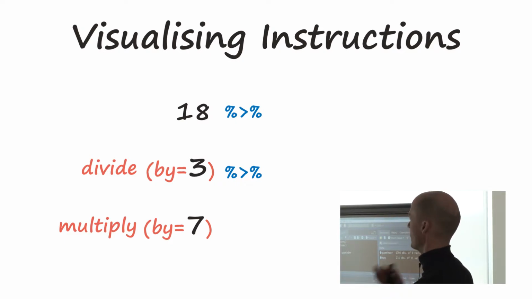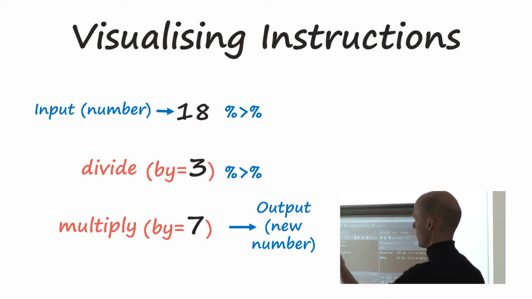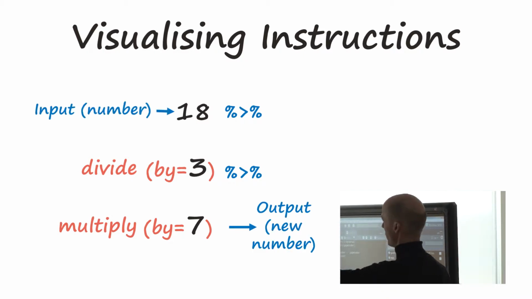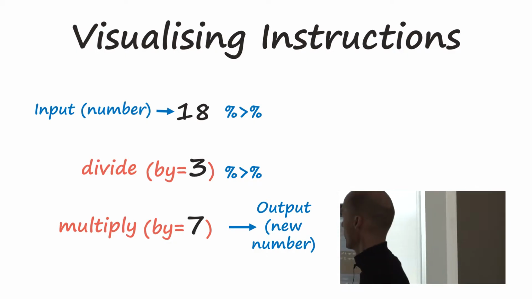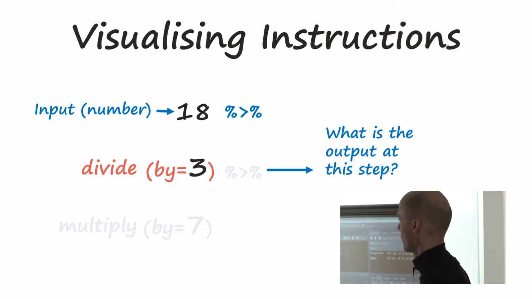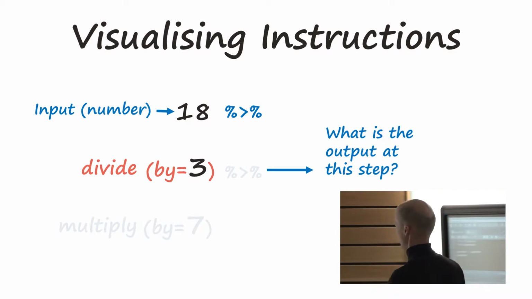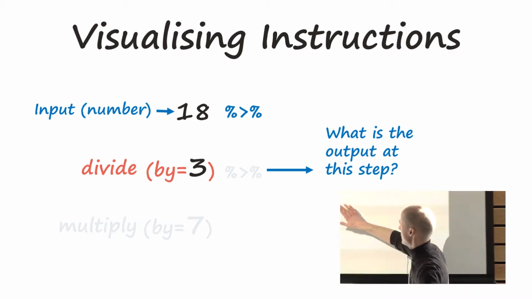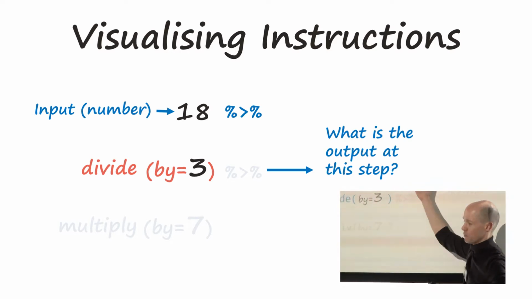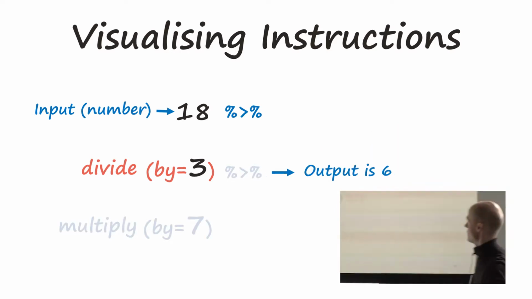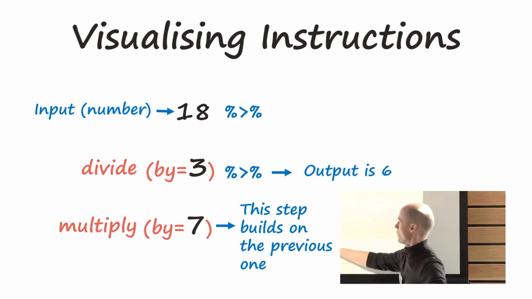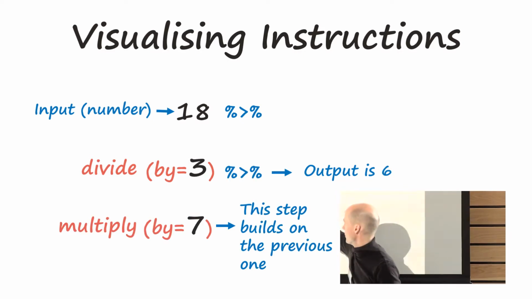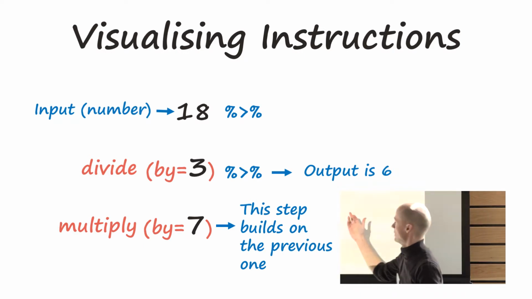So 18, then divide by 3, then multiply by 7, and our input number is what we feed it, and our output number comes out after those steps. So what is the output after the first step? Let's say we stopped our code here, 18, then divide by 3, output is 6. But then the next step will build on the previous step. So this was 6, then multiply by 7.